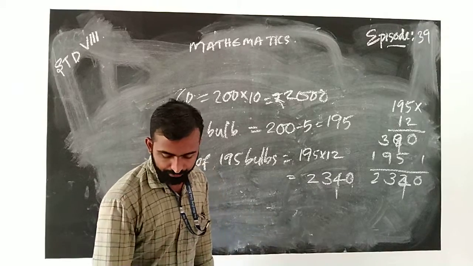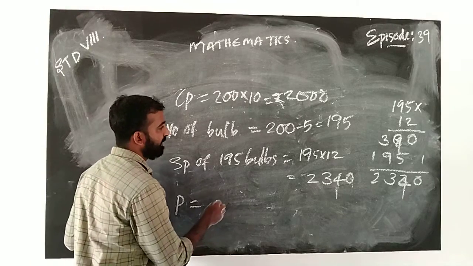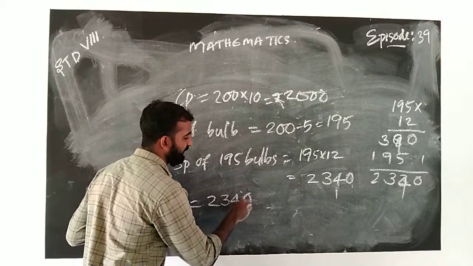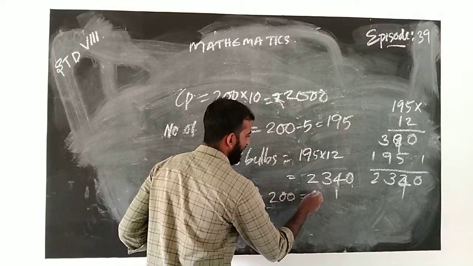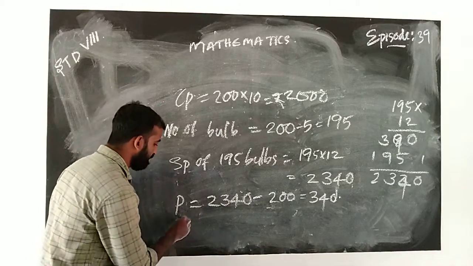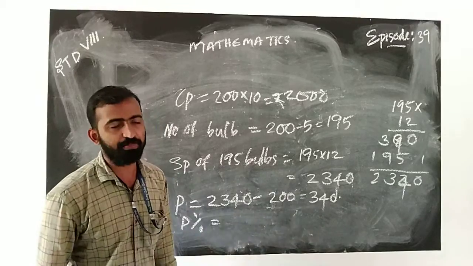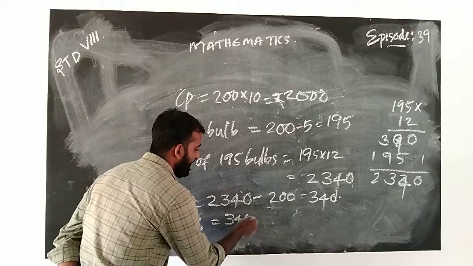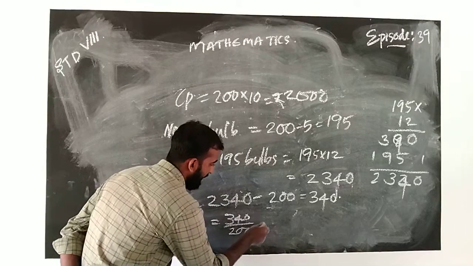Then profit equal to 2340 minus 2000. That is 340 is the profit. Profit percentage equal to 340 by 2000 into 100.